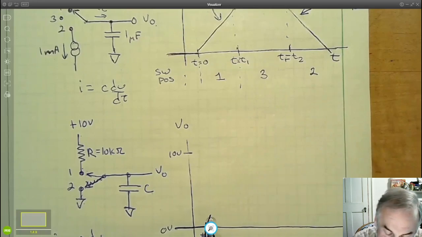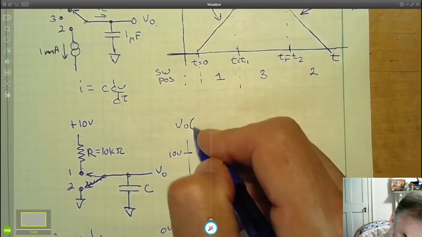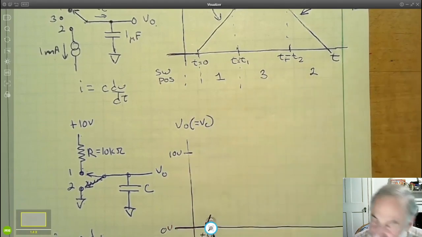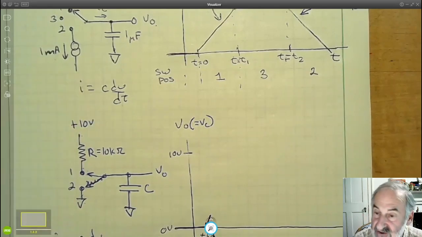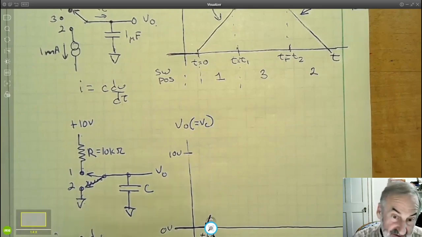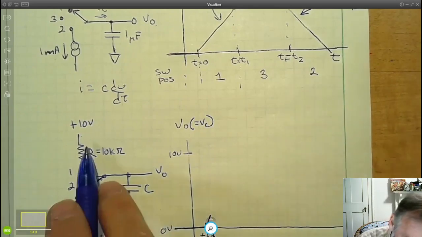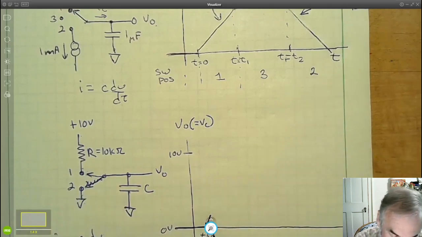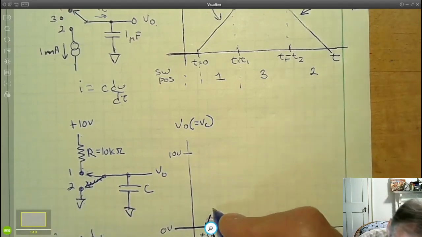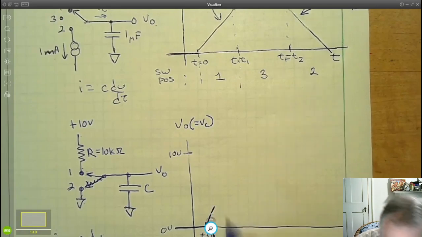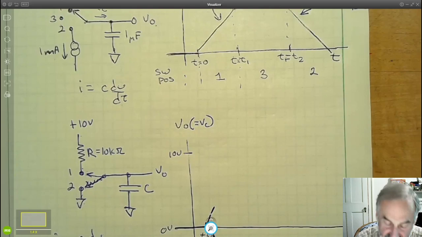However, the instant that this voltage, which is the voltage across the capacitor, is bigger than 0, the voltage across the resistor is less than 10 because of KVL. Well, if the voltage across the resistor is less than 10, we have less than 10 milliamps flowing, and the capacitor is going to charge a little slower.